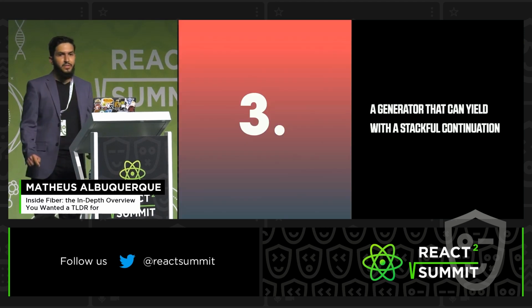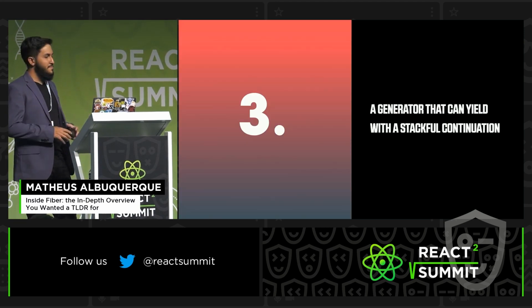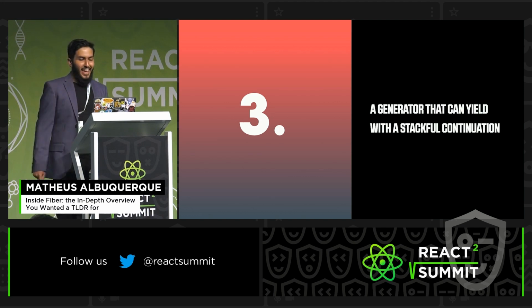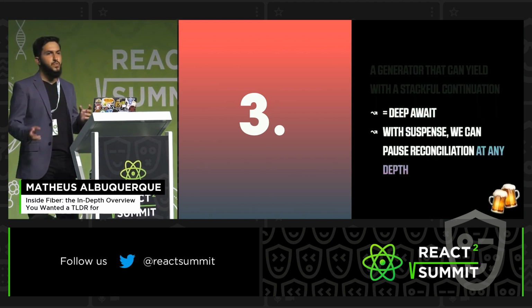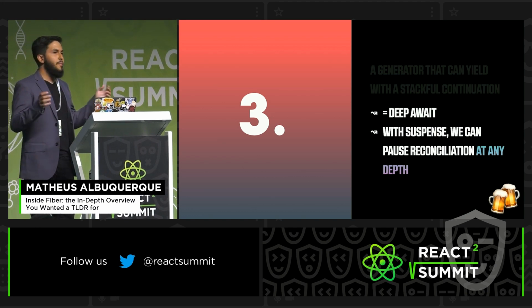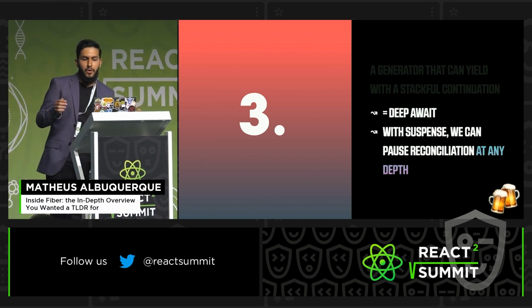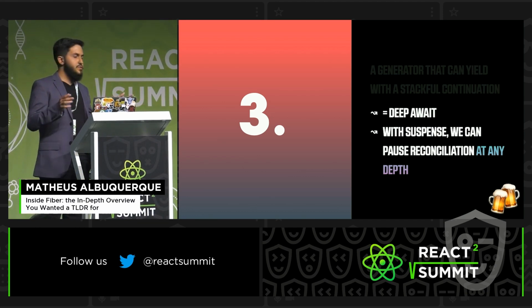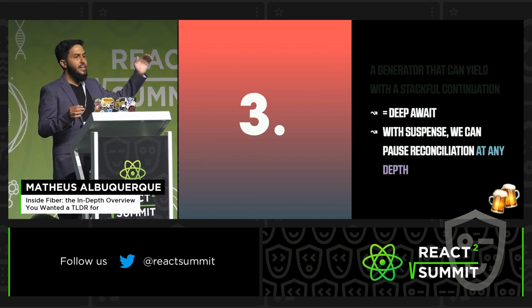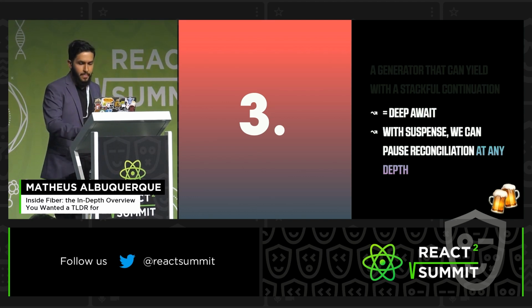And the last one, the one with more buzzwords, is that it's a generator that can work with a stackful continuation. I know it sounds complicated, but we can think of this one as deep await. If you're familiar with React Suspense, you can think that in Suspense, you can pause reconciliation at any depth of your component tree.